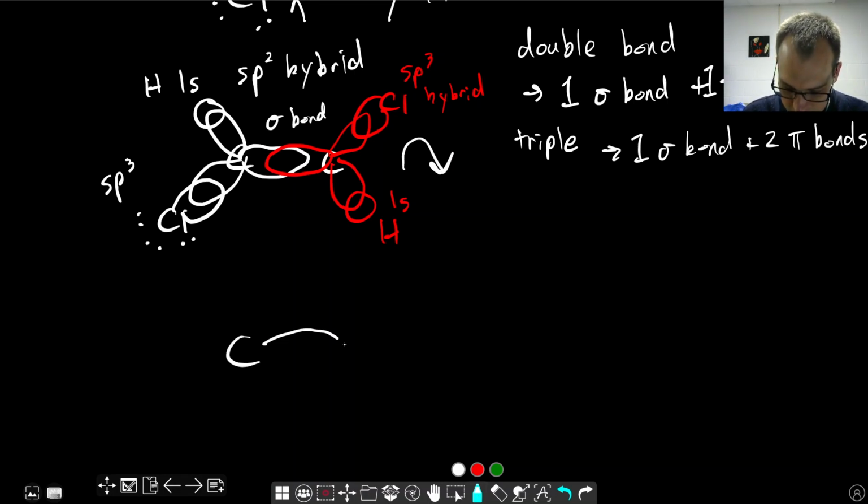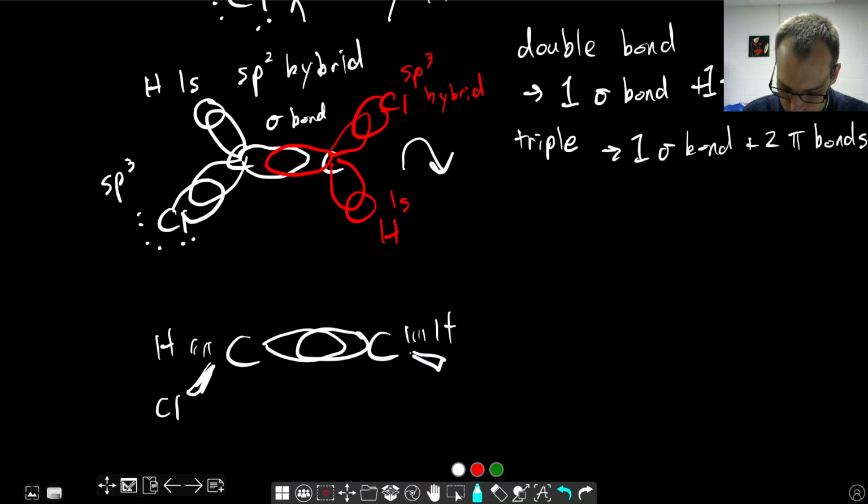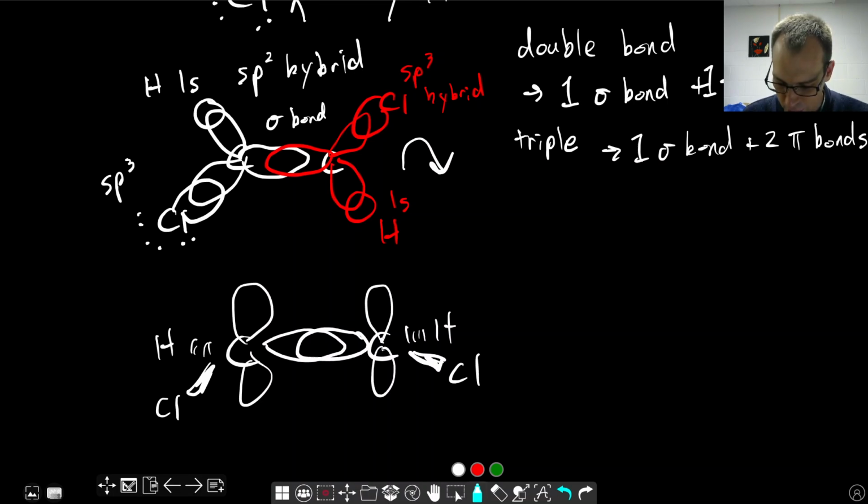Again, we're going to have our sigma bond that's forming from the overlap of the sp2 hybrid orbitals here. And we have our hydrogen coming out this way, our chlorine, and I'm not going to draw all the orbitals here. All right, but now this is flat, and we're going to have our p orbitals that point up and down. These are not part of the hybrid.